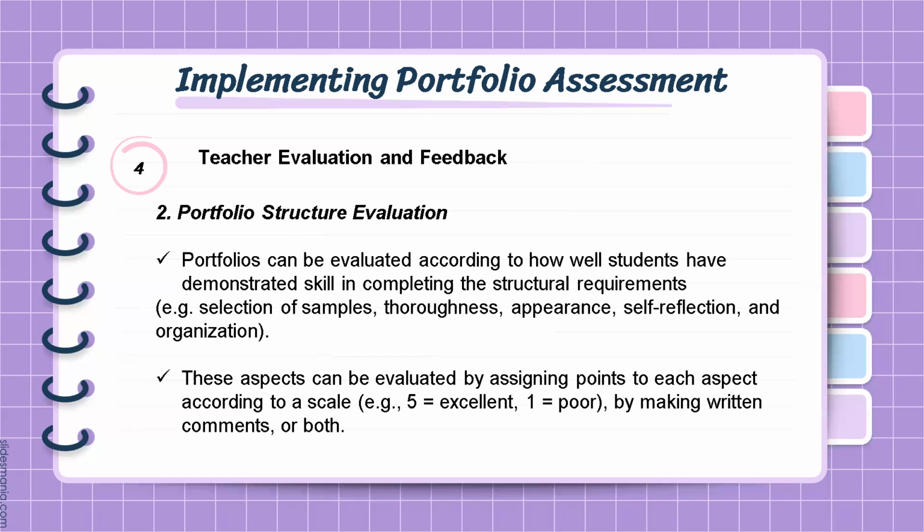For example, we can assign 5 points for excellence in a particular aspect and 1 for poor. Or we can also make written comments, or we can do both, assigning points and making written comments.